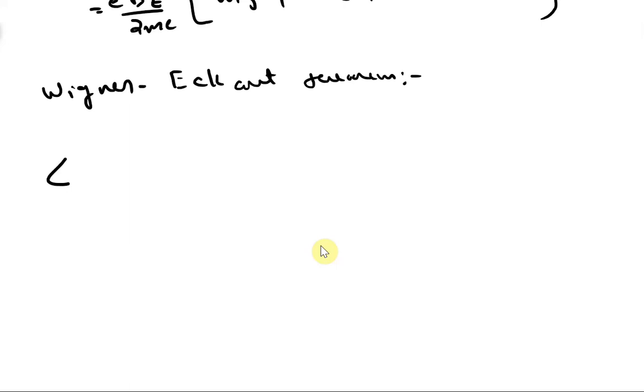if you have a coupled basis like this, |J M'>, and we have an operator, let's say A_q. It's not a single operator, it's multiple operators, so this is called a spherical tensor operator.